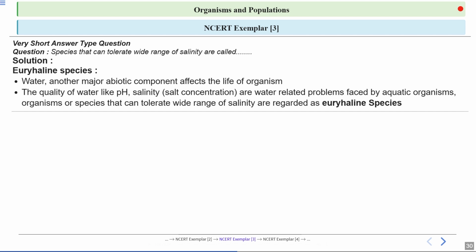Aquatic organisms face challenges like changes in pH and salinity. Euryhaline species are unique because they can handle a wide range of salt concentration, unlike most species that need stable conditions. These adaptations help them survive in places where the environment changes often, like coastal areas.